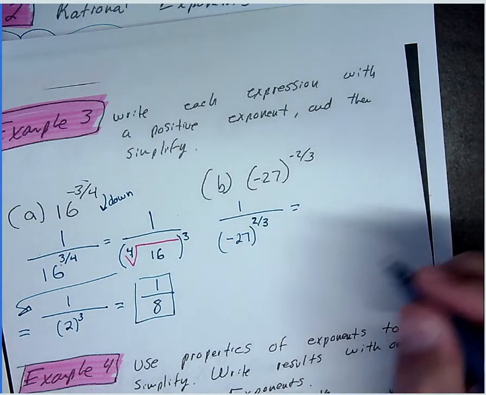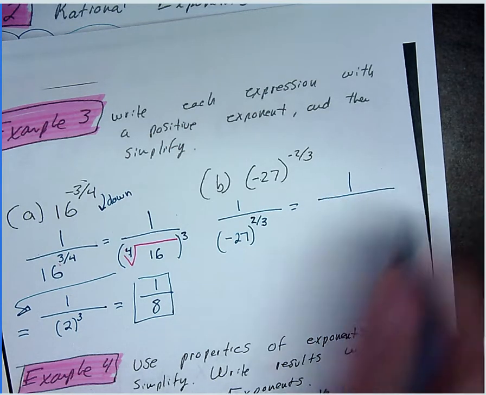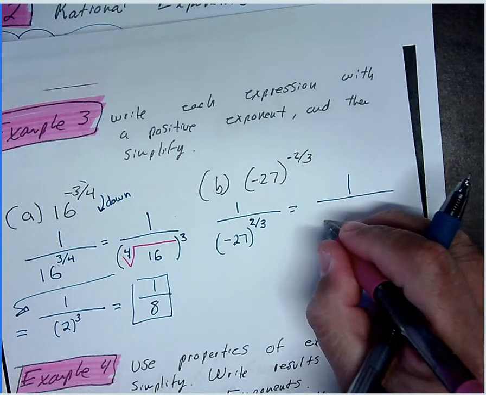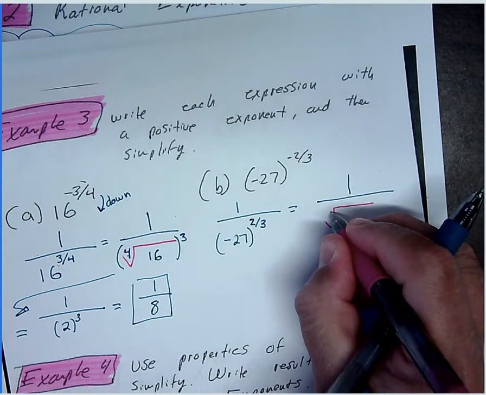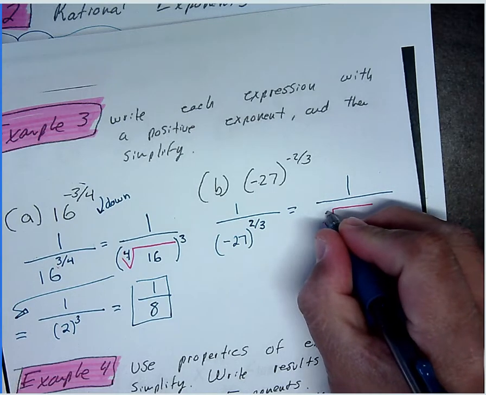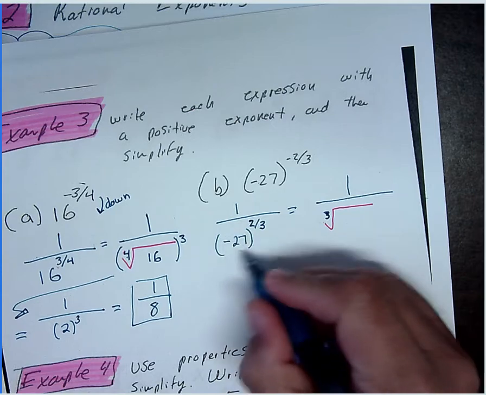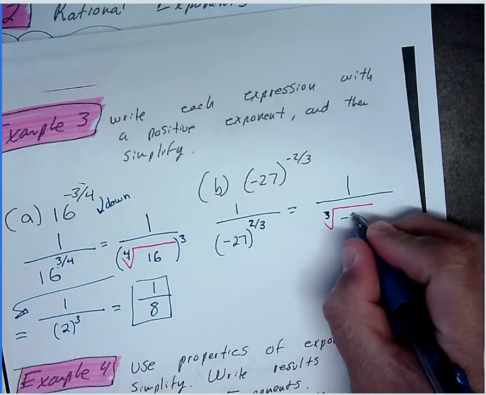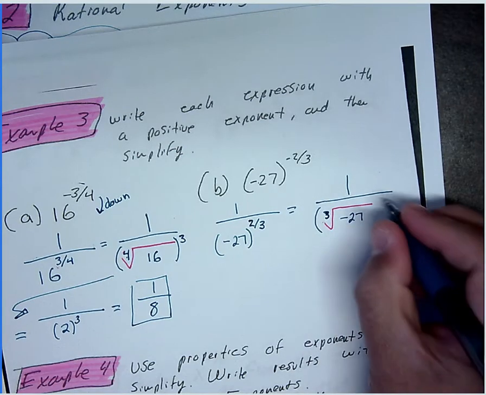Now let's put it in radical form to help us. So in radical form, that 3 is the number that goes outside, the index, the root, and then this number is the radicand, and then you have that 2 outside.